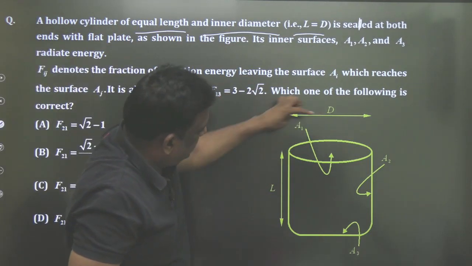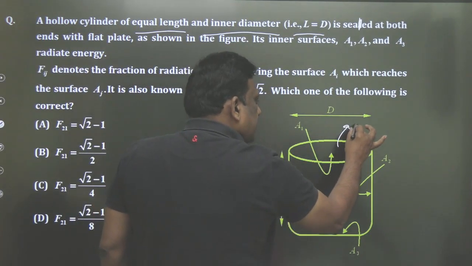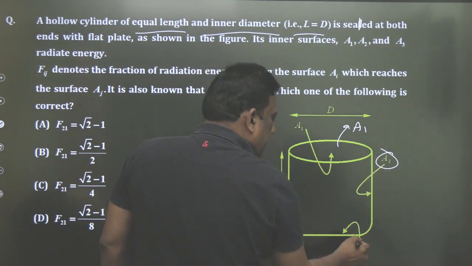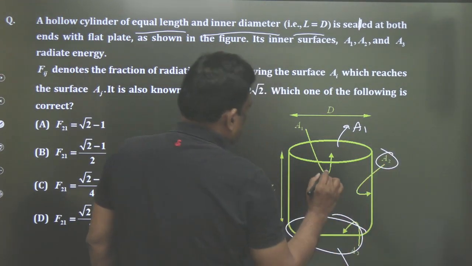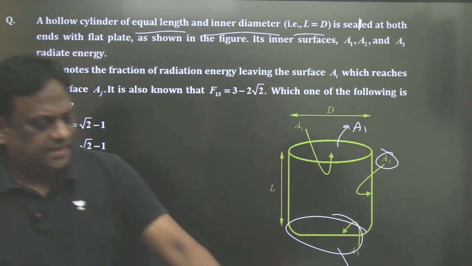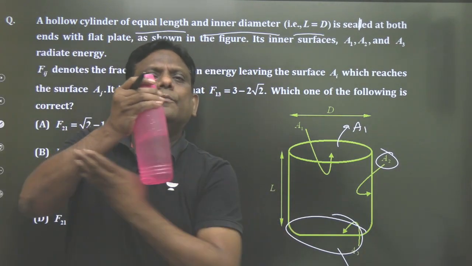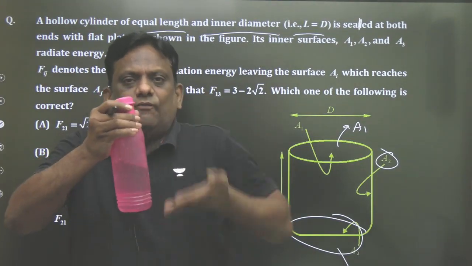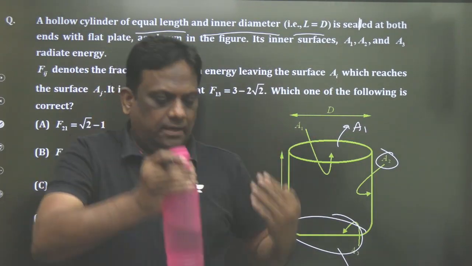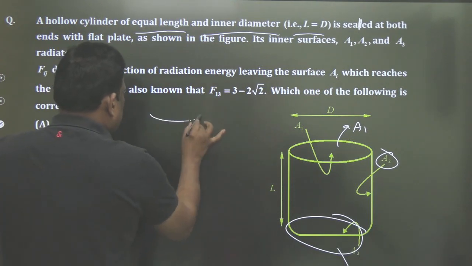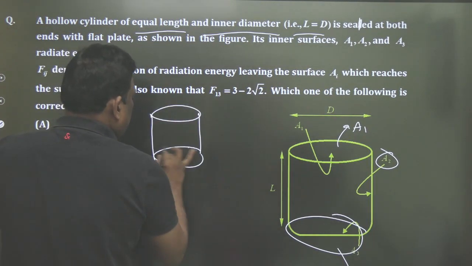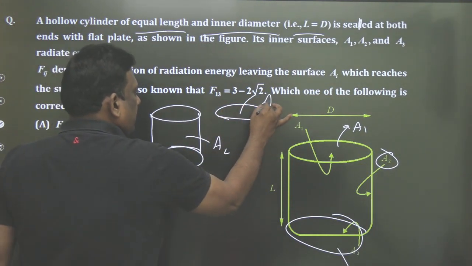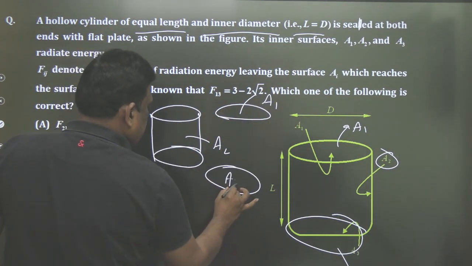This is given as A1. This hollow cylinder is taken as A2 and the bottom area is taken as A3. There are three surfaces: flat, circular and cylindrical. This is A2, the top cover is A1, the bottom cover is A3.